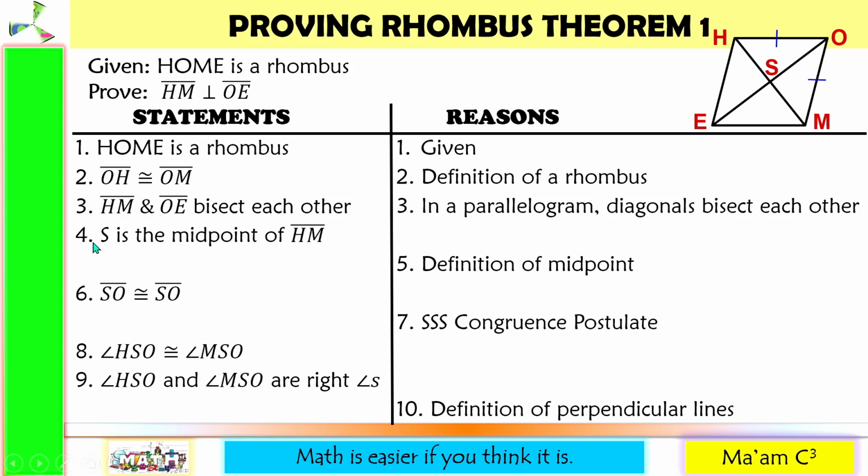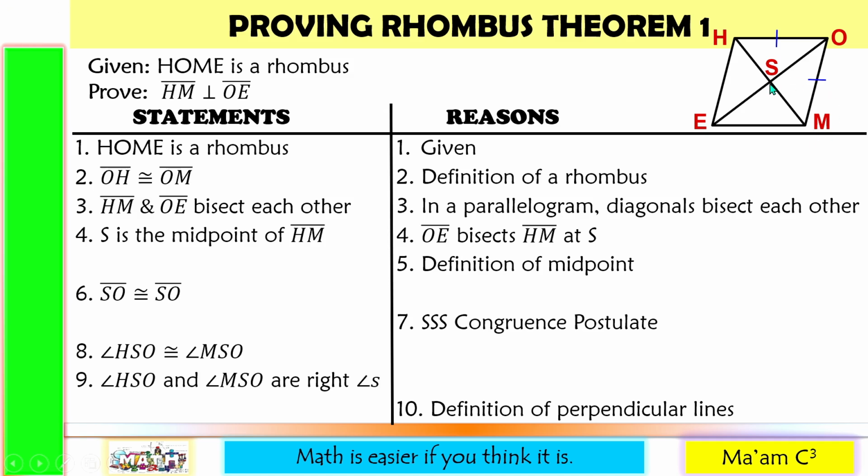Next statement here is S is the midpoint of HM. How come? Because OE bisects HM at point S. This is the midpoint because line segment OE bisects line segment HM.